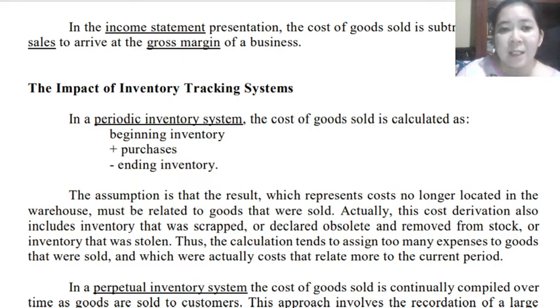Thus the calculation tends to assign too many expenses to our goods that were sold, which were actually costs that relate more to the current period, because aside from those which are sold, they will also account for those which were stolen and obsolete. So that's the reason why.